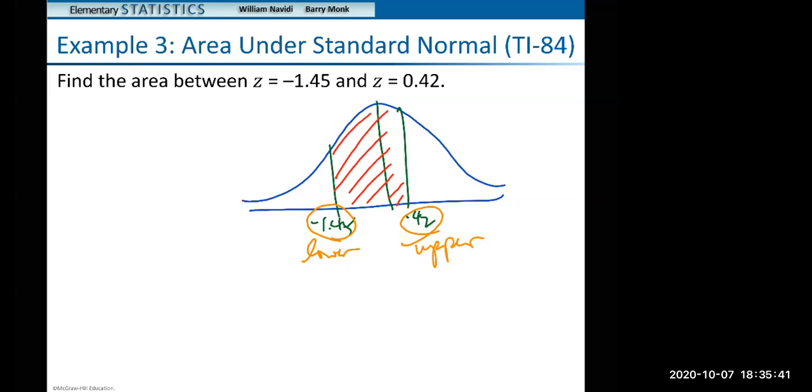So do that. Second vars, normal CDF. This is your lower, negative 1.45, and this is your upper, 0.42.